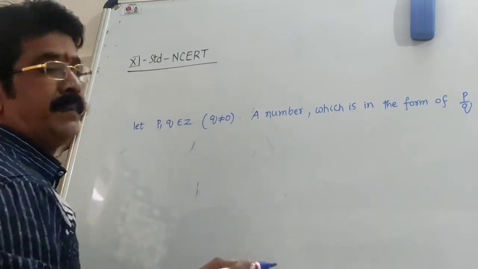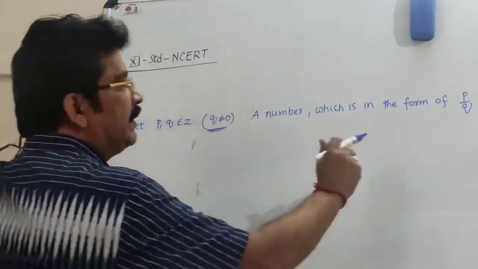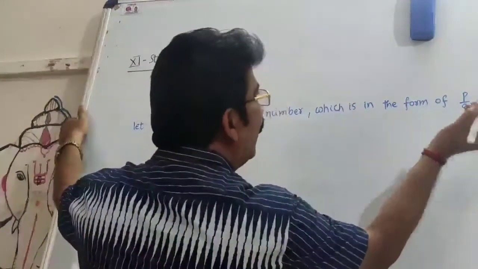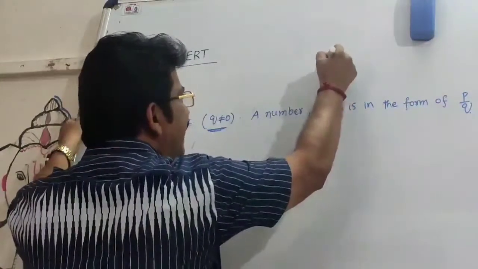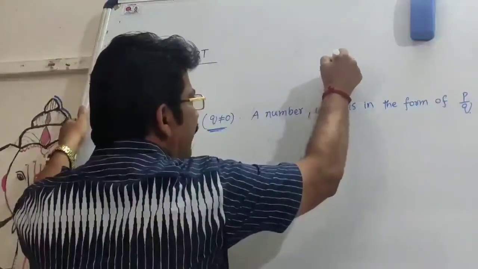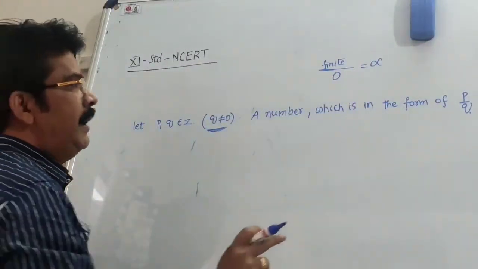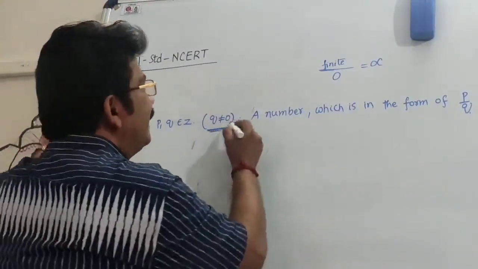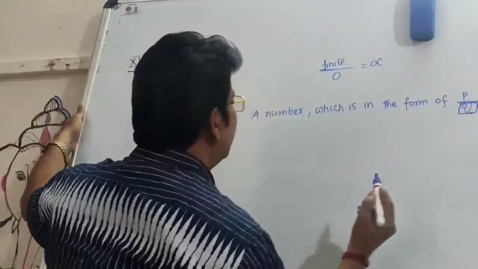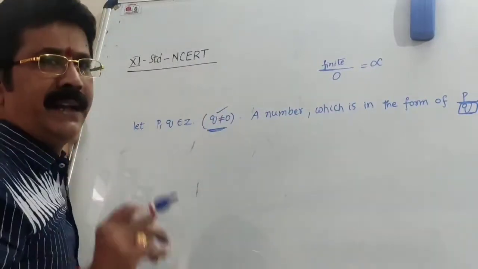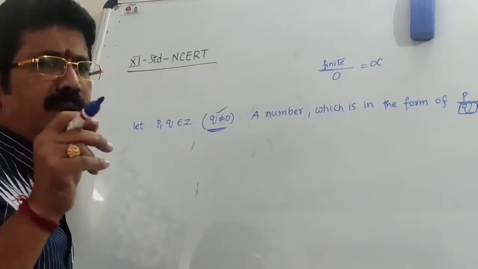Already I said q is not at all equal to 0, because then we would have 0 in the denominator. Actually, basically any finite number divided by 0 is called infinity. That's why, for no loss of generality, we are taking a non-zero element in the denominator. That's why we are writing q not equal to 0. We are taking a non-zero element.